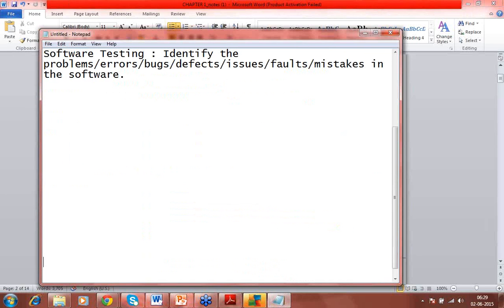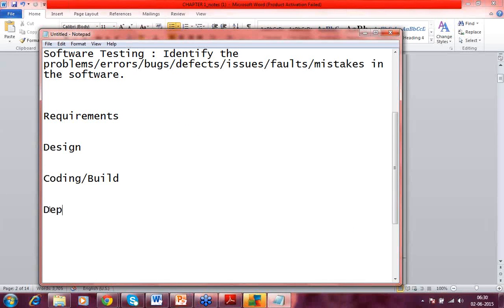If I put the important phases of a software development life cycle, every software will have a requirements phase, followed by a design phase, then a coding or build phase, and after that deployment, and finally maintenance.